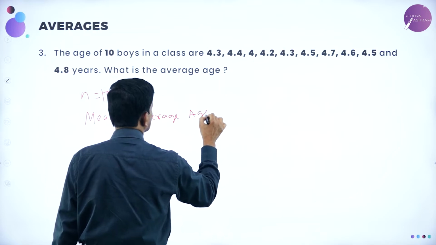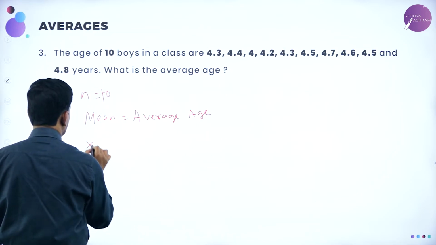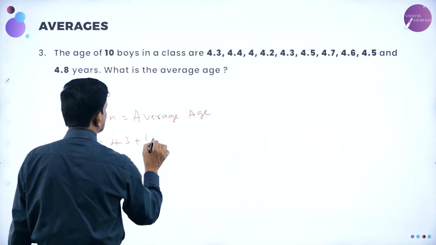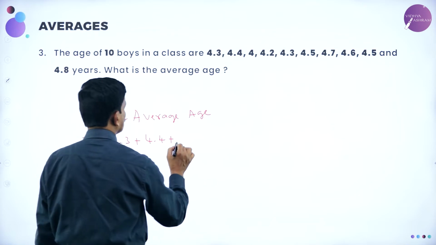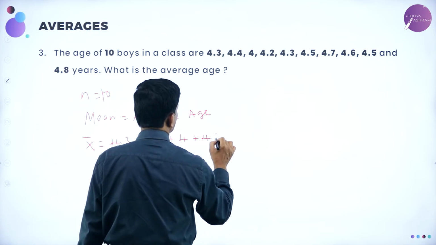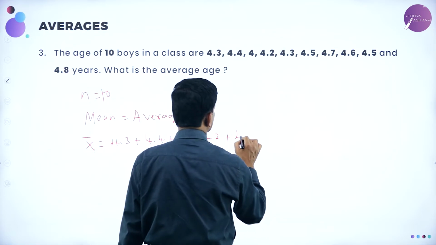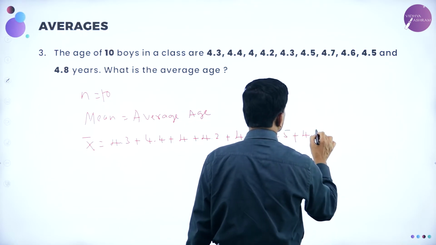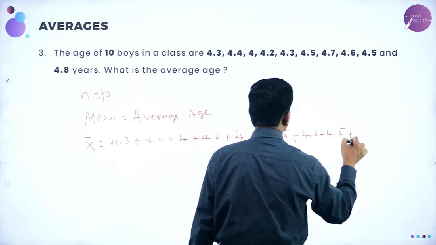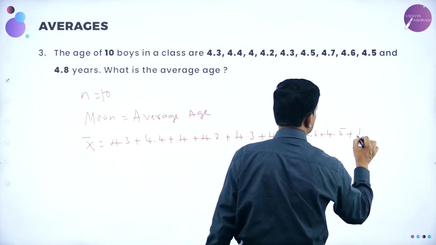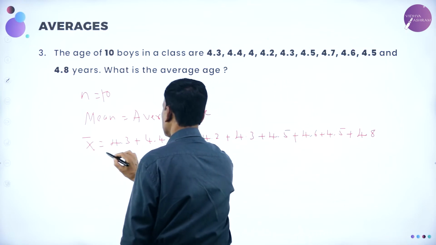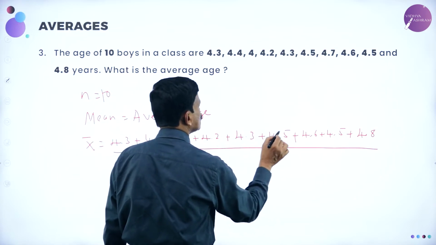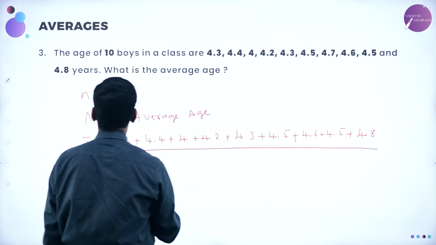Average age, x bar, is equal to the sum: 4.3 plus 4.4 plus 4 plus 4.2 plus 4.3 plus 4.5 plus 4.6 plus 4.5 plus 4.8 years, divided by how many there are in total. 1, 2, 3, 4, 5, 6, 7, 8, 9, 10. 10 boys.